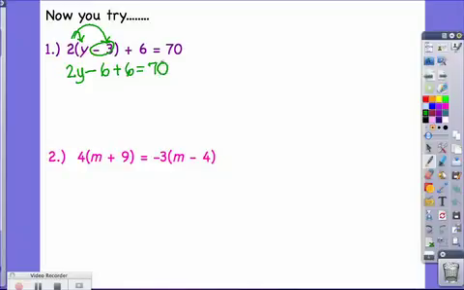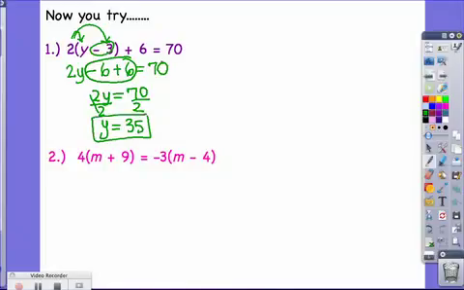Distributing 4 into m plus 9, so 4m plus 36 equals, distribute the negative 3 to the m and to the negative 4. So we get negative 3m plus 12. Get all the m's on one side of the equal sign, so we add 3m to both sides. 7m plus 36 equals 12.